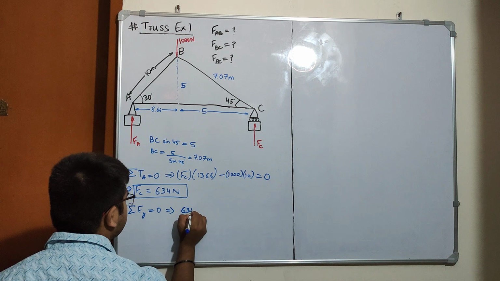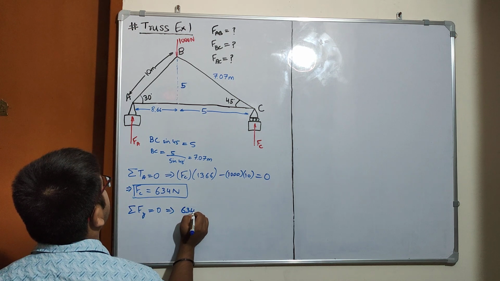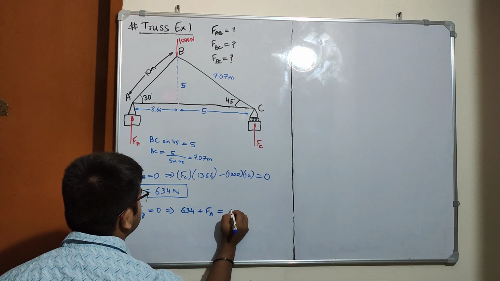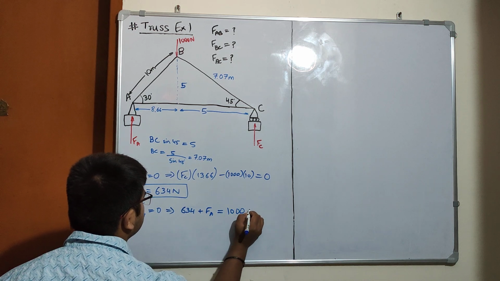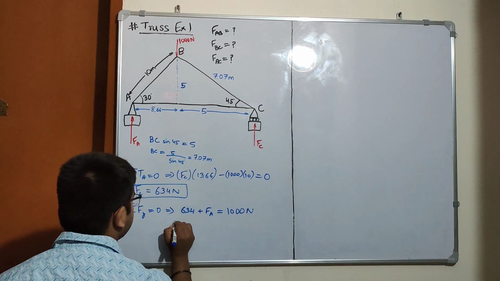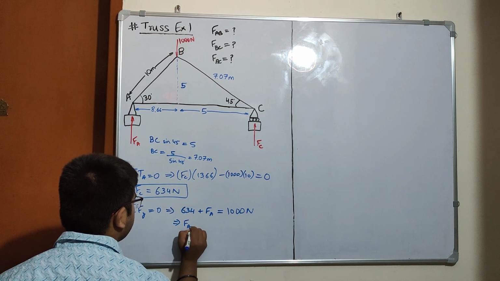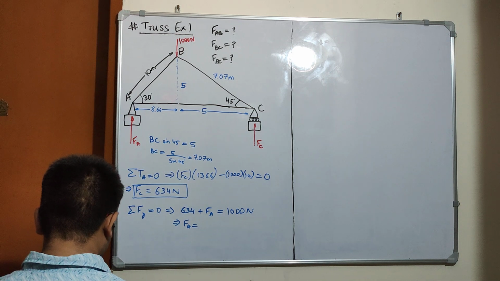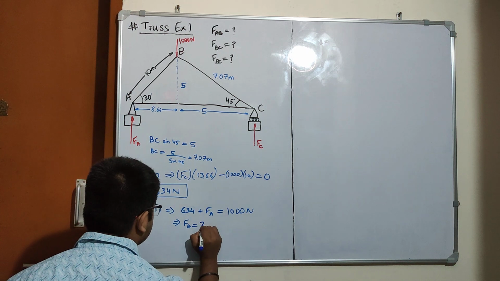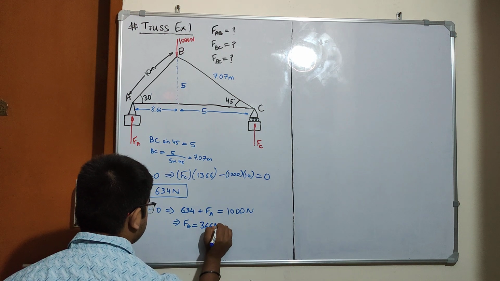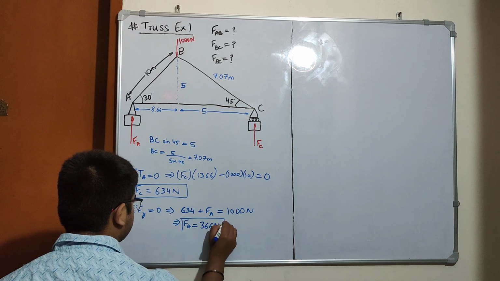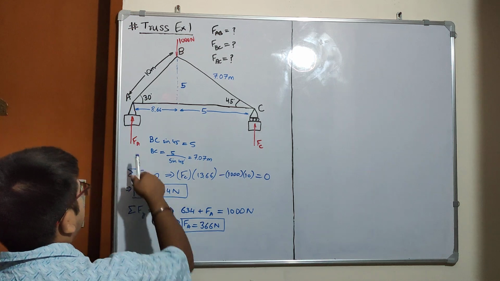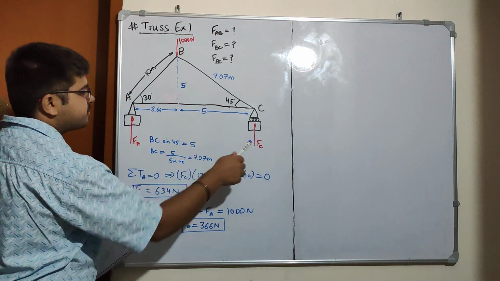So 634 newtons plus FA equals 1000 newtons. From this we will find FA equals 366 newtons. So we have found FA and FC.